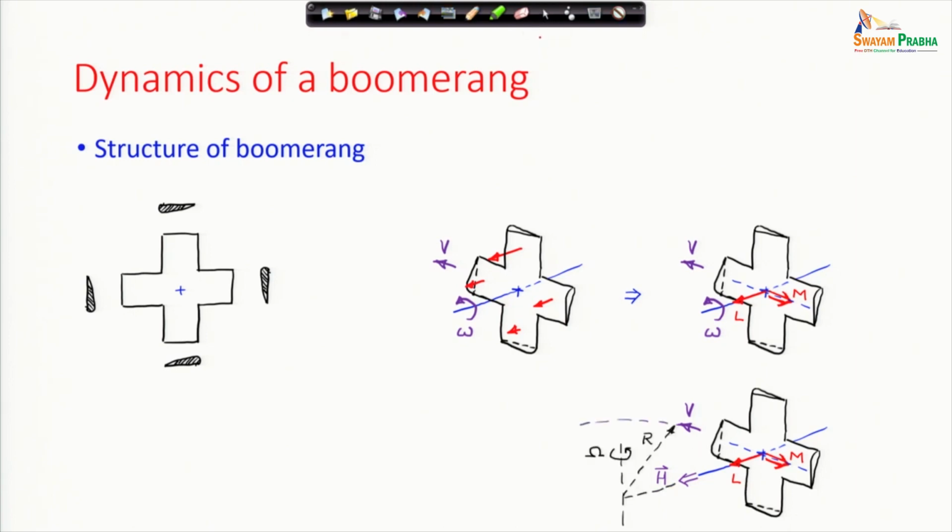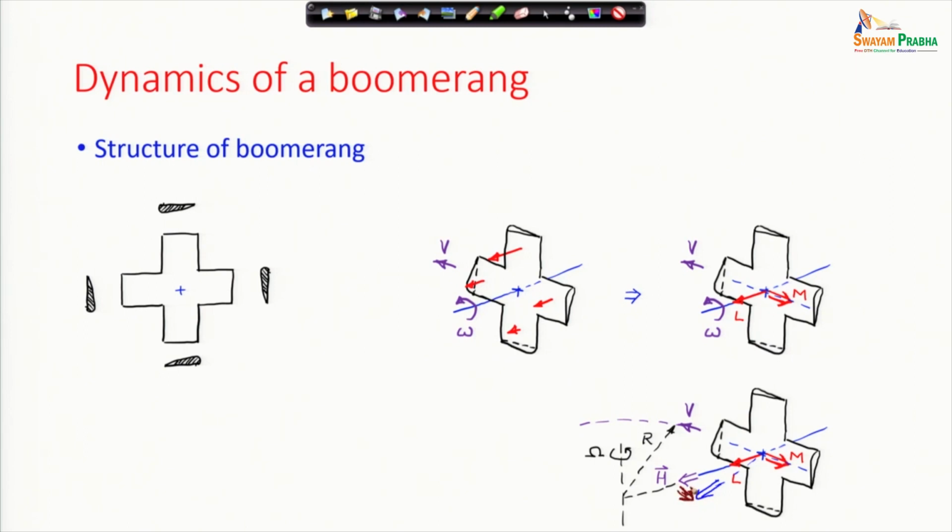Now, we look at the effect of this moment. What is the effect of this moment, because of the difference in lifts in the four arms? The angular momentum must change in the direction of the applied moment. Therefore, after some time this angular momentum must point in a direction like this, because the moment is acting in this direction.